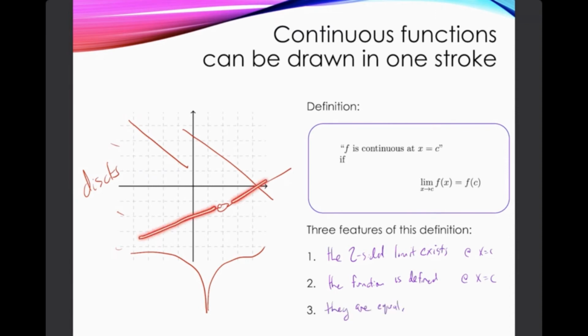Looking at this one right here, it looks like the function fails to be defined at a point. But the function has to be defined at a point in order for it to be continuous. Looking at this one, the limit doesn't exist because the two one-sided limits disagree with each other, and that violates that one right there.